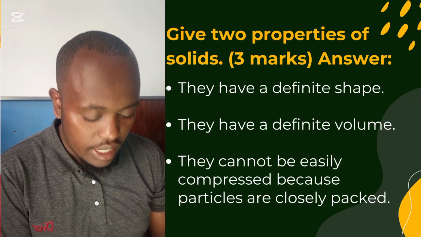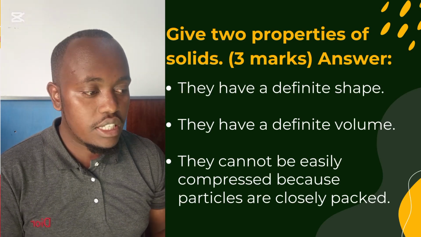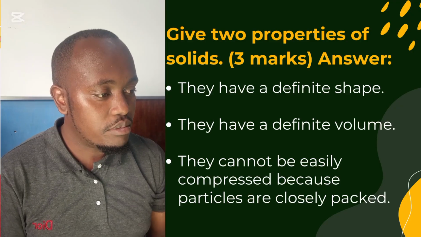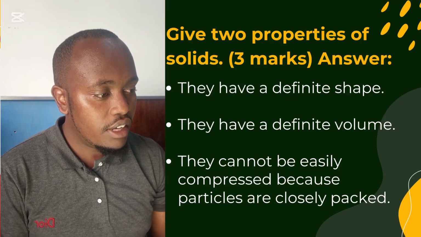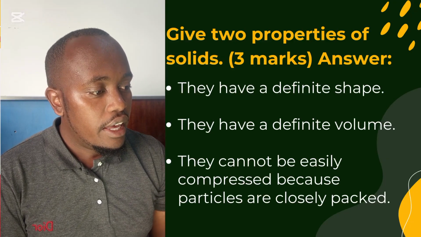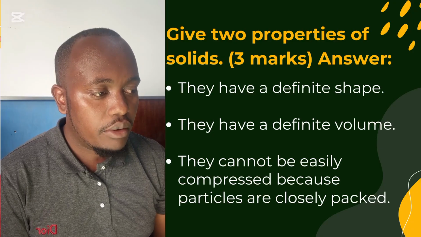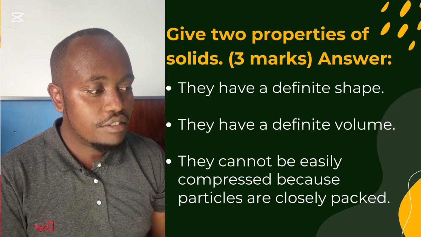However, water, liquids and gases take shape of the container they are put in, and therefore they do not have a definite shape. Solids have a definite volume. However, gases do not have. What about liquids? Liquids do. Most liquids have definite volume.